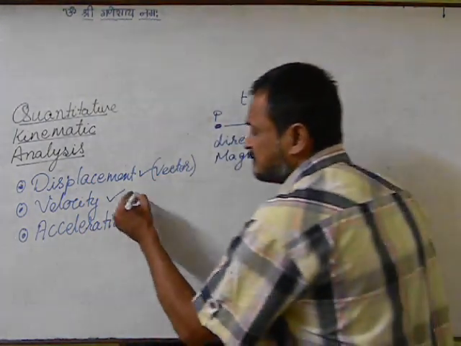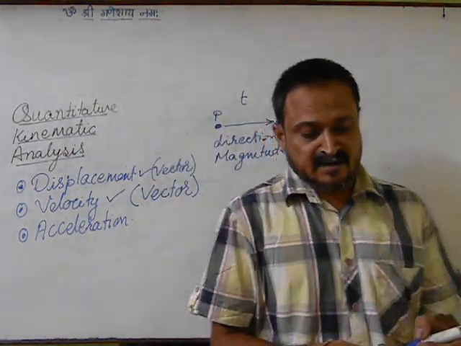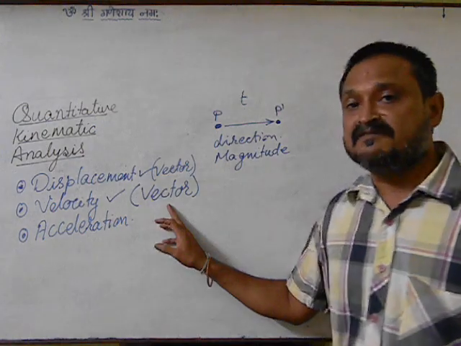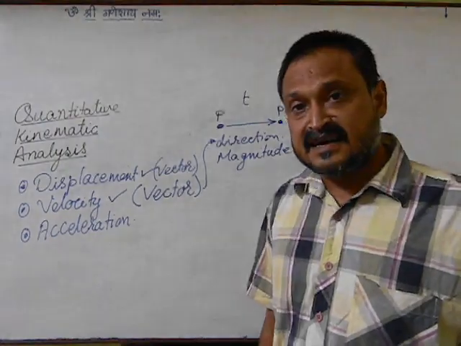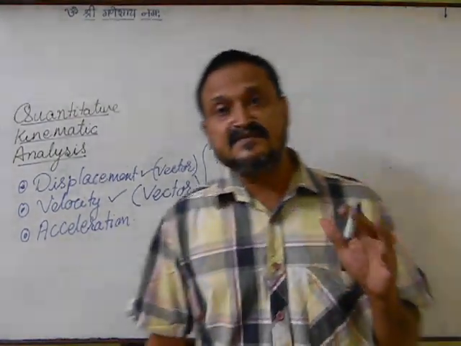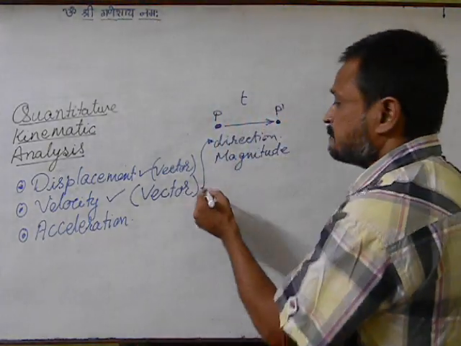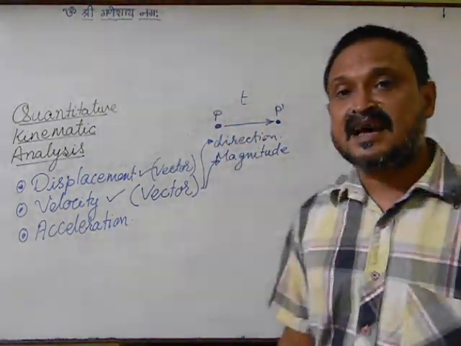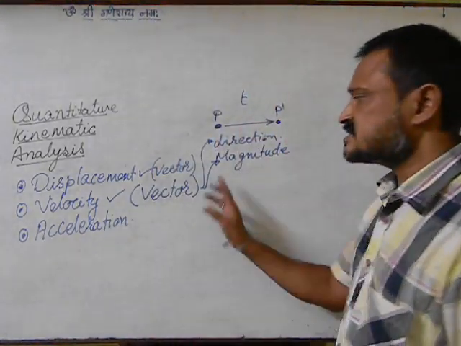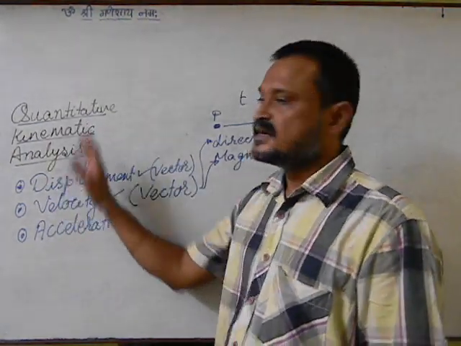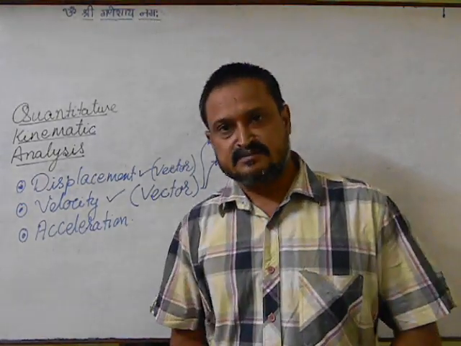So I can understand velocity, because this is also a vector, and definitely the velocity also has a direction. The direction of the velocity vector will be the same as the direction of the displacement vector, and it will have magnitude. So we can very well express or analyze it quantitatively with the help of vector diagrams.